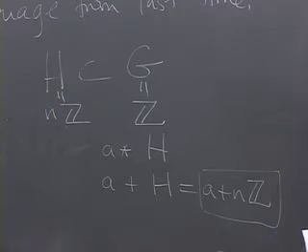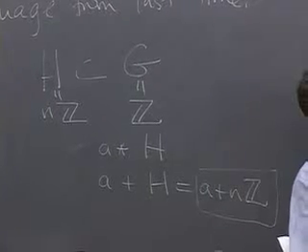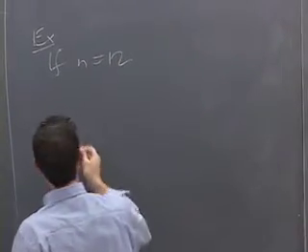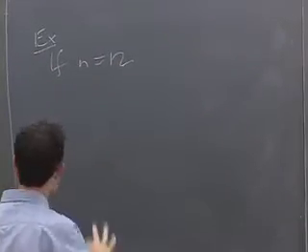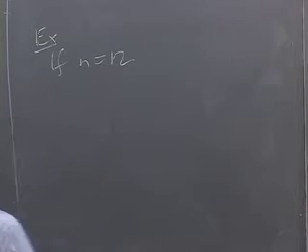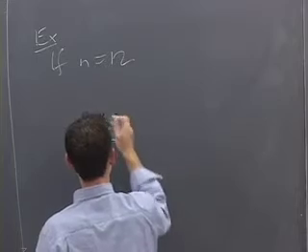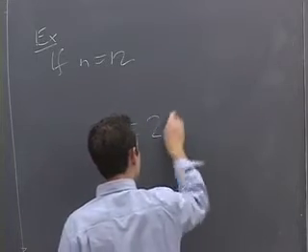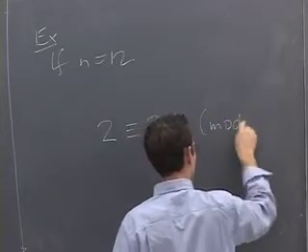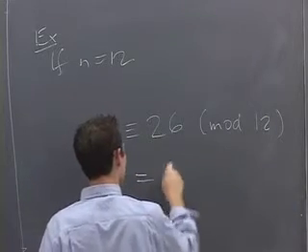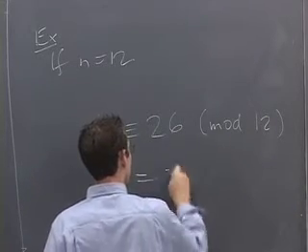So, for instance, if n equals 12, bear in mind that from the point of view of just the cosets of 12Z, 2 and 26 are indistinguishable. Or put another way, 2 bar equals 26 bar.